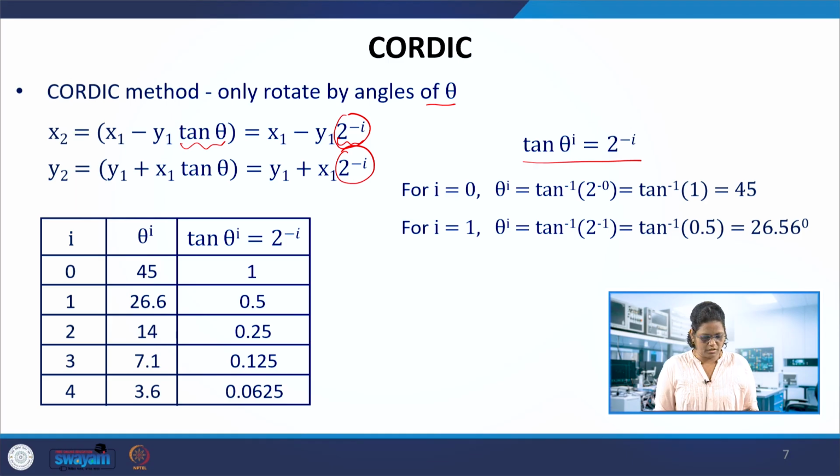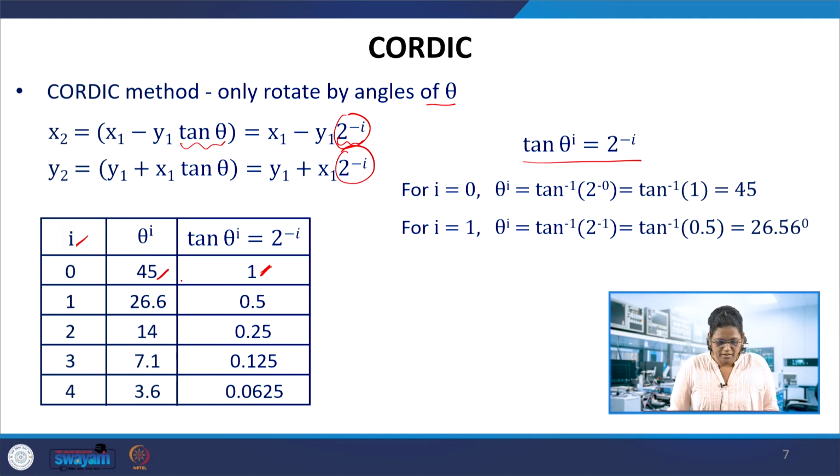Look at this i, which is the iteration: i is 0, 1, 2, 3, 4, and theta i is the rotation we are aiming for, how the vector can rotate by theta. For the 0th rotation, i equal to 0, the very first one, 2 power 0 is 1. When tan theta equals 1, theta is 45 degrees.